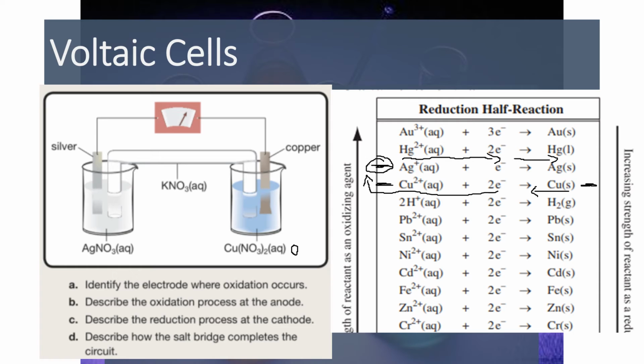Okay? My silver is reduction. If we just remembered my memory devices, we had LEO A, so this is going to be my anode. C, so reduction, C is my cathode.